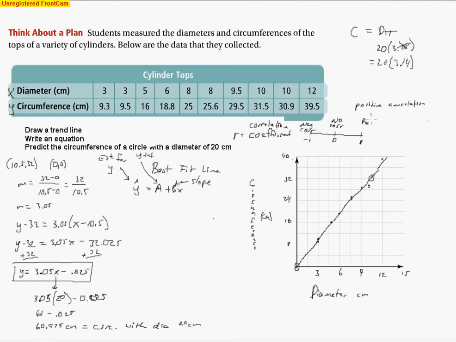So if your data is good, if it's a positive slope, you're going to get a number close to 1. If it's a negative slope, you get a number close to -1. So you always want a lot of 9s in the problem. You want a correlation coefficient somewhere around 0.9999 and then some other numbers, and that would represent a positive one. A negative 0.9999 would represent a negative slope.